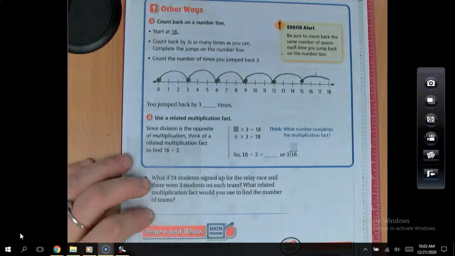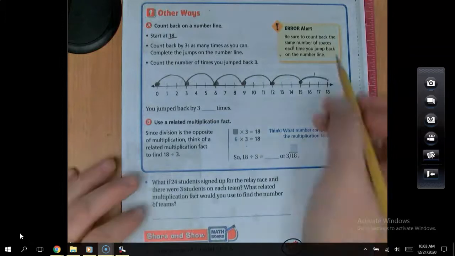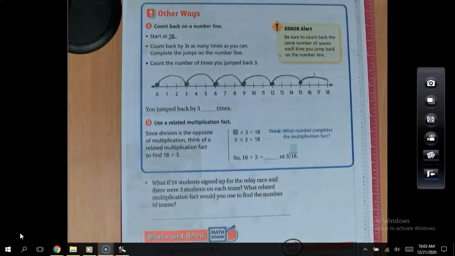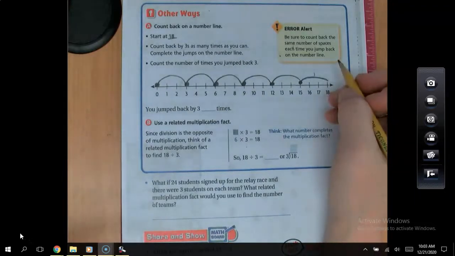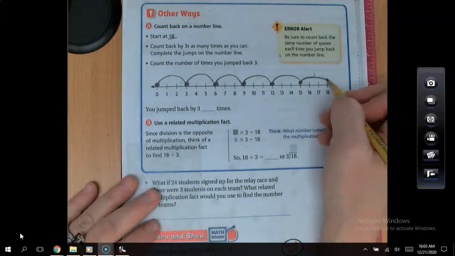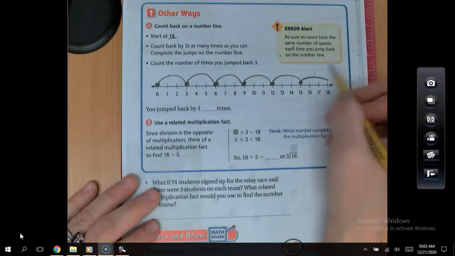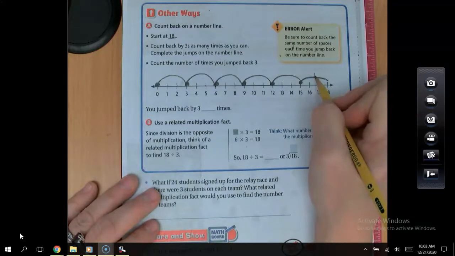I like to do it this way because sometimes when I'm counting and trying to connect at the same time, a lot of times I mess up or I'm not counting correctly because I'm worried about connecting them. So that's why I like to do the dots. It makes it more organized. So I have 1 big hop.